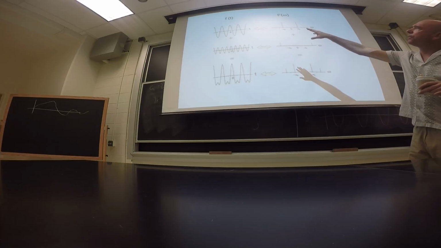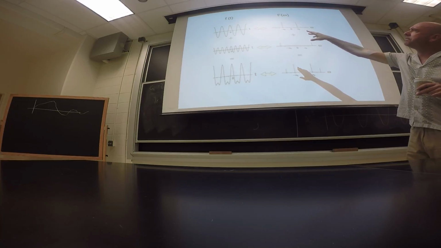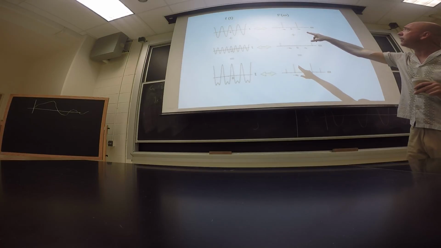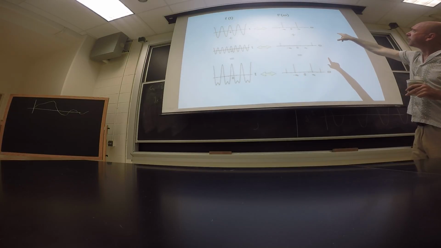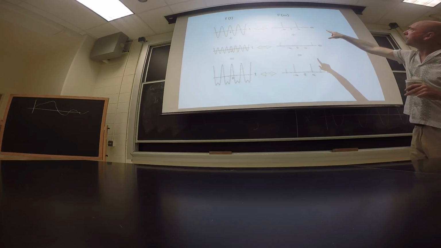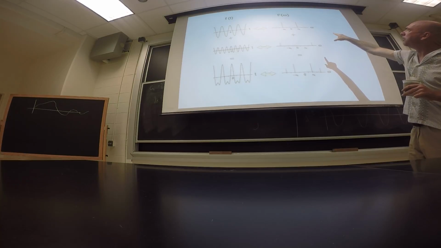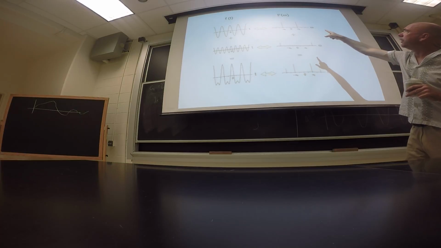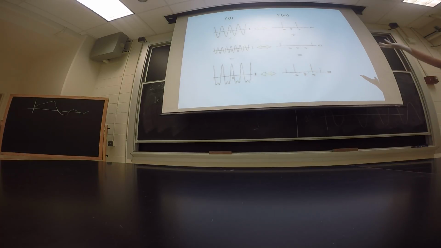As we talked about before, if we have a function of time, and in this case this is a cosine function, because it's a maximum at 0, then the frequency transformation is two spikes, one at plus omega, one at minus omega of that particular frequency. Why is there one at minus omega?